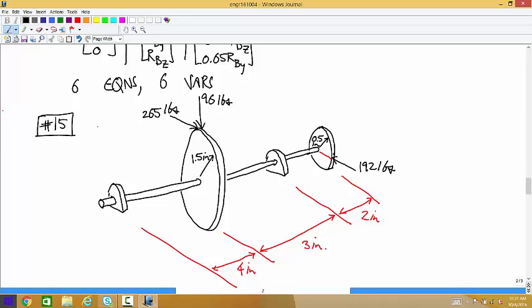And an upward force of 530 pounds. Just pounds.